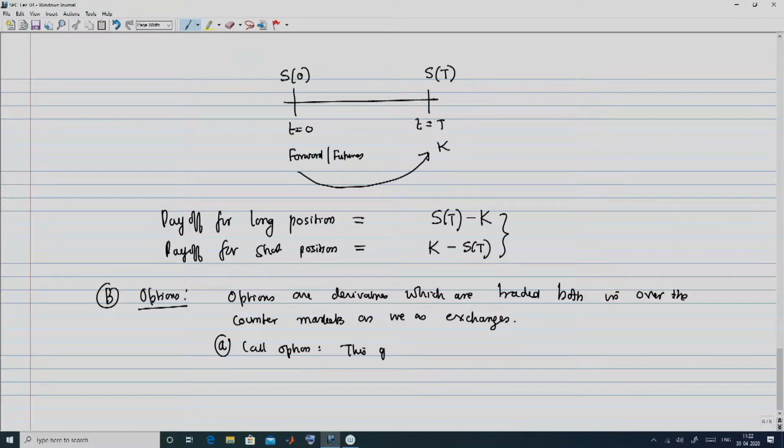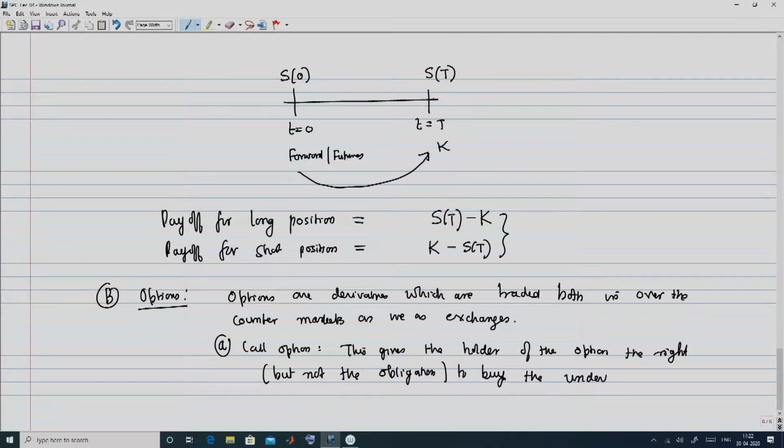So, this gives the holder of the option, that means the party with the position of advantage, the right, but not the obligation, to buy the underlying asset on or before a future predetermined date.